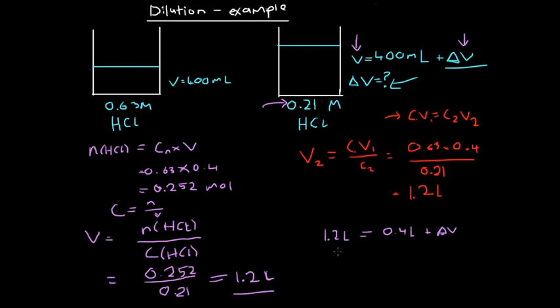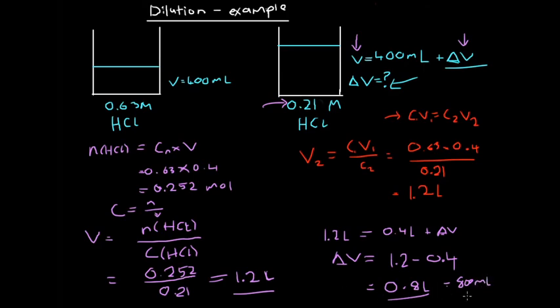So therefore we know that the change in volume is going to equal 1.2 minus 0.4, which equals 0.8 litres. So rather than putting in our final answer as 1.2 litres, that's the final volume. We want to find how much water we're adding, aka the change in volume. If we start with 400 millilitres and we want to end up with 1200 millilitres or 1.2 litres, we're going to have to add 0.8 litres or 800 millilitres. That's our final answer: 800 millilitres.